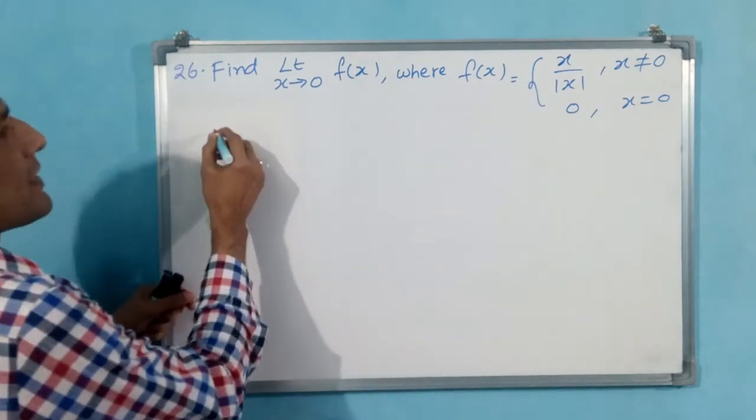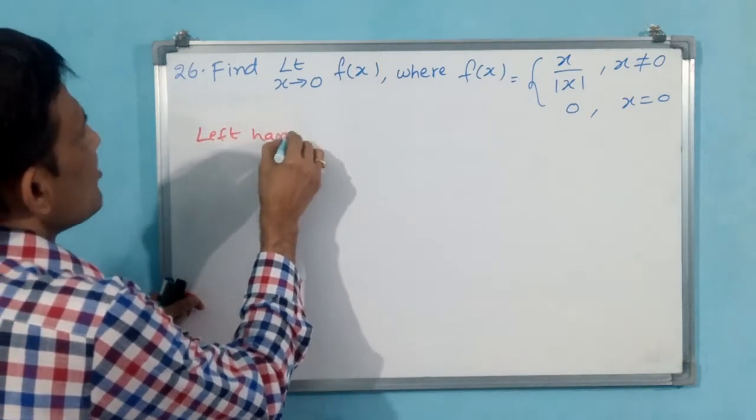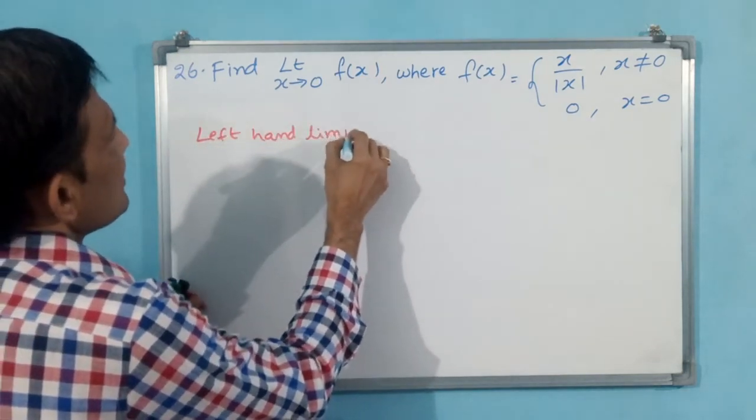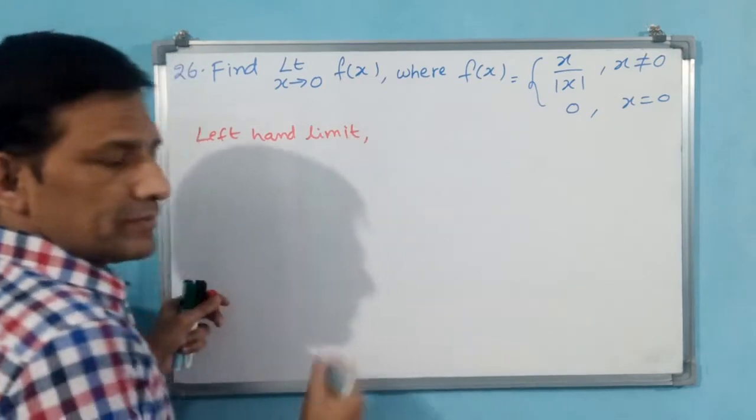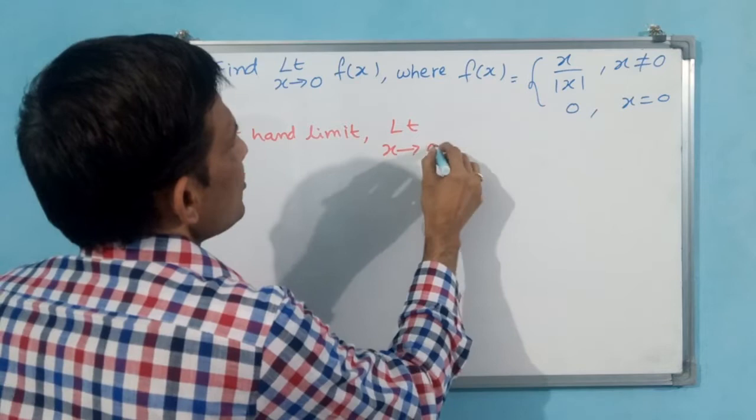Let us see. Left hand limit. What is the left hand limit? Limit x tends to 0 minus.